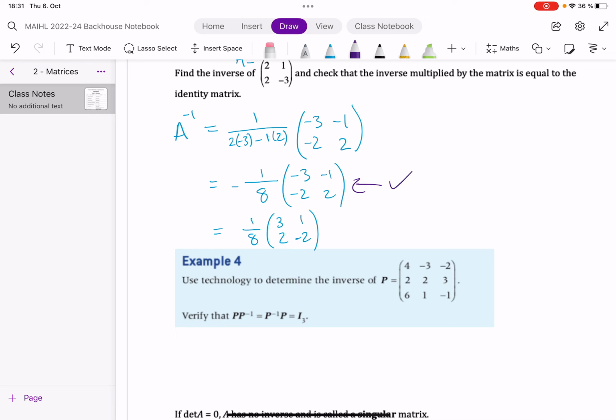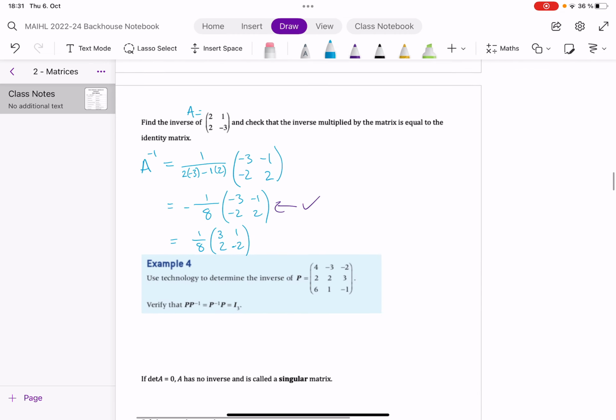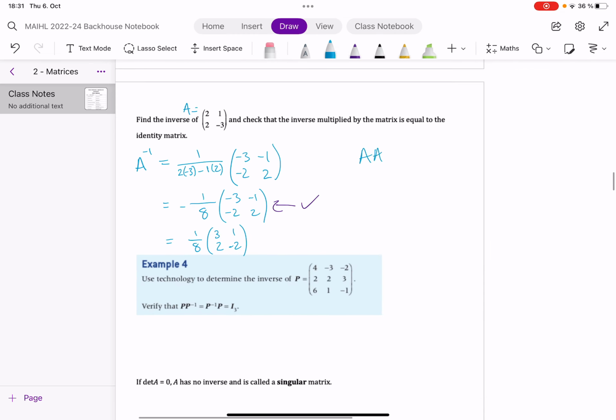Okay, it says check the inverse: multiply the matrices, and it should equal the identity matrix. So we're just going to check, is A times the inverse of A equal to the identity matrix? So we'd need to do 2, 1, 2, negative 3 times an 8th times 3, 1, 2, negative 2. Okay, I'm going to move the 8th out to the front, and then I'm going to multiply my matrices.